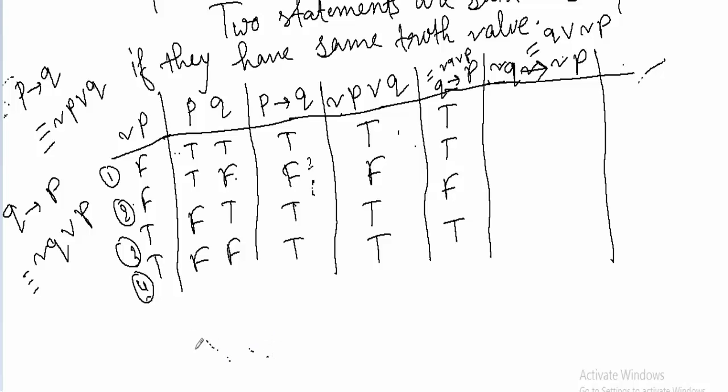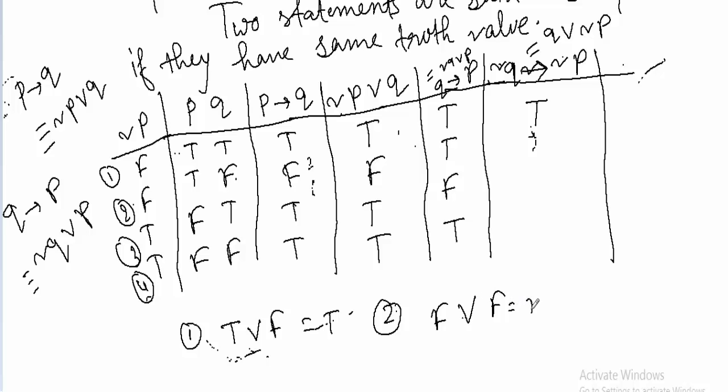So Q union not P in the first term: प्रथम फर्स्ट में क्या है कि Q union not P. Q is true and not P equals false. So Q union not P equals true. So this will be true. Then second में क्या है कि Q union not P. Q is false and not P is false. So this will be false.